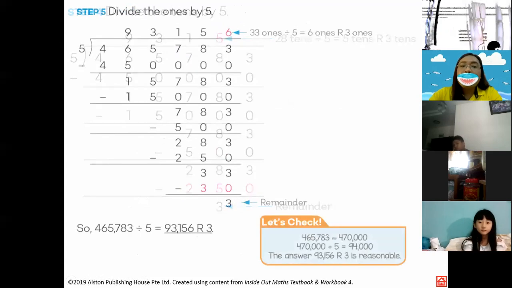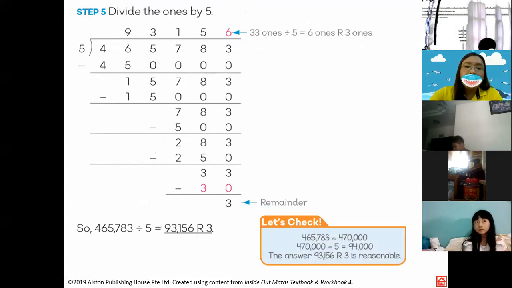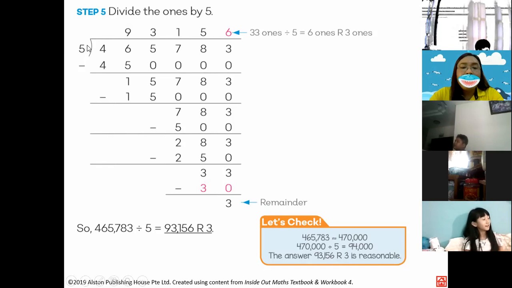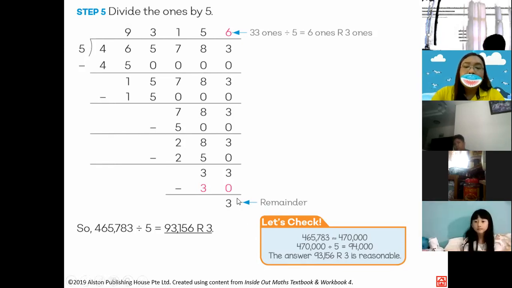And then step number 5, the last step. Since we have the remainder 3 earlier, we now bring down 3 from here to here. So now we divide 33 by 5, and that is 6. Then 6 multiplied by 5 is 30. And then 33 minus 30 is 3.